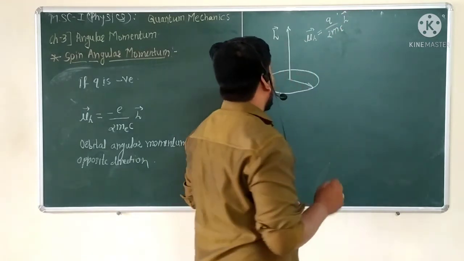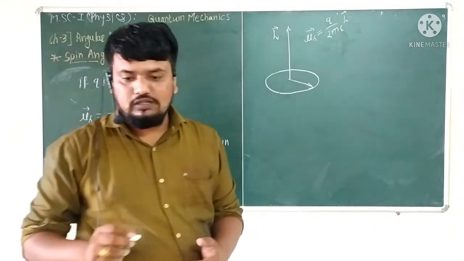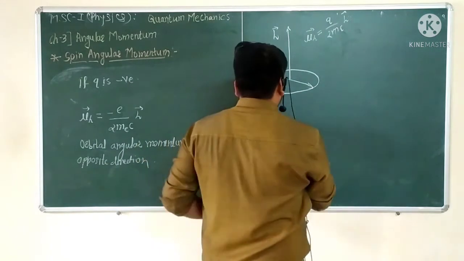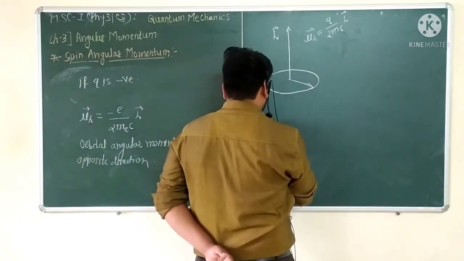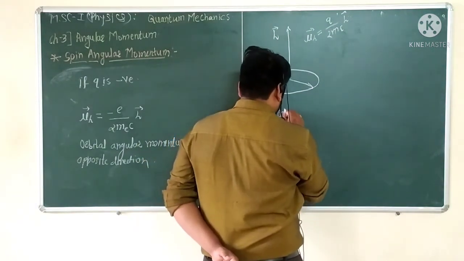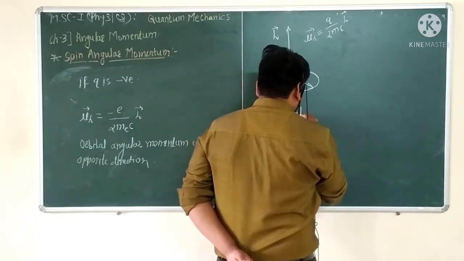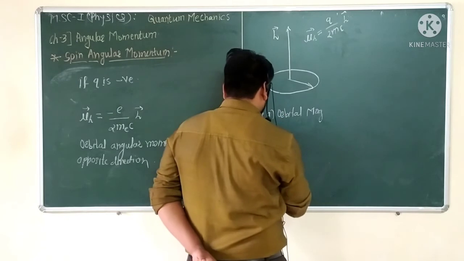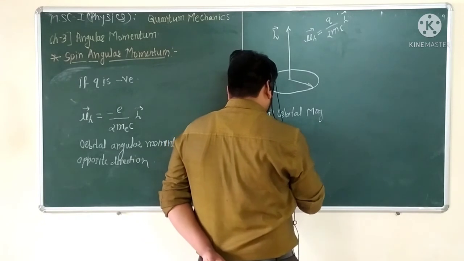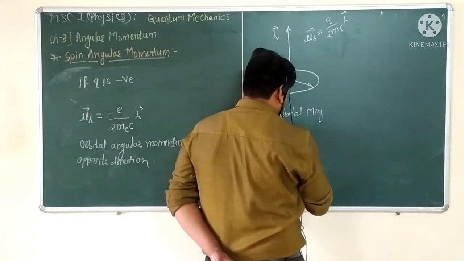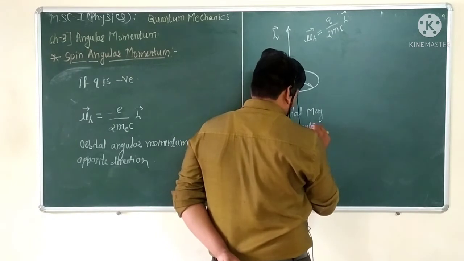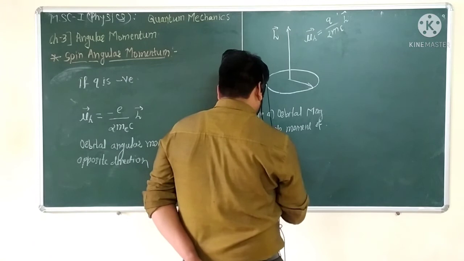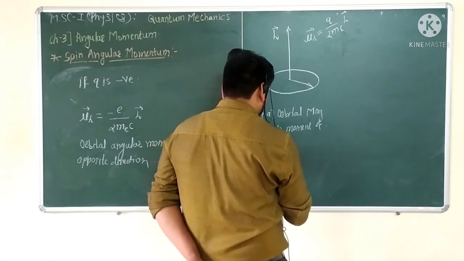Okay, and this figure A shows the orbital magnetic dipole moment of a positive charge plus q.